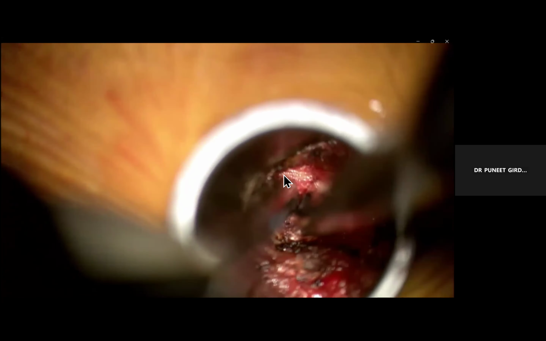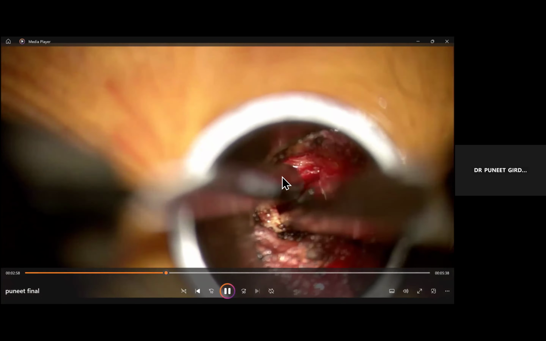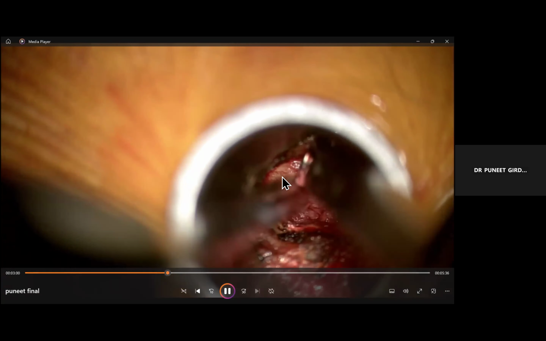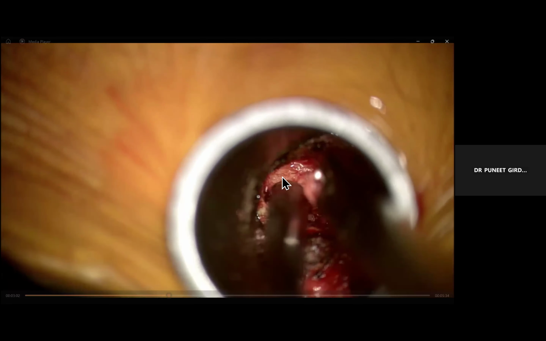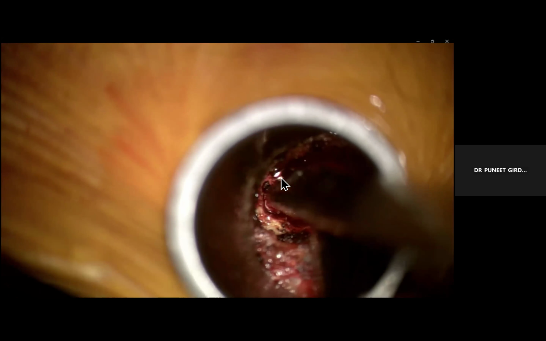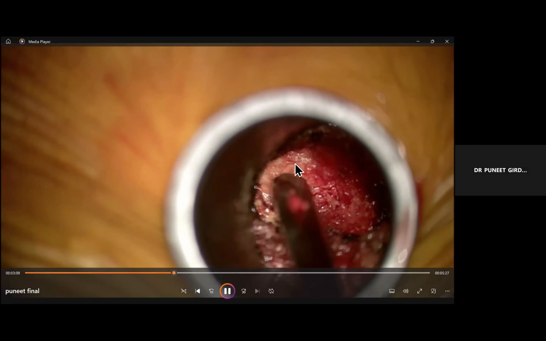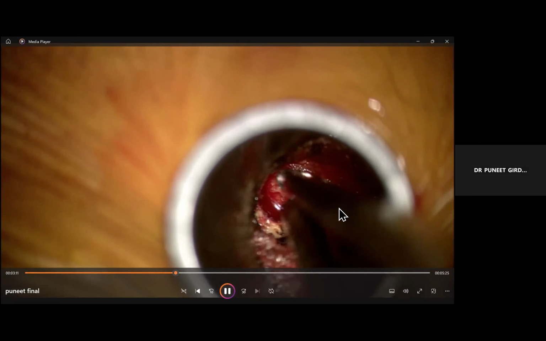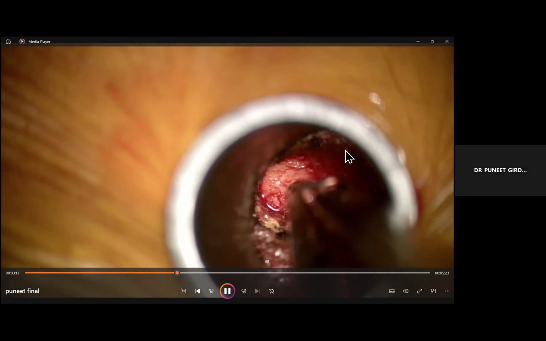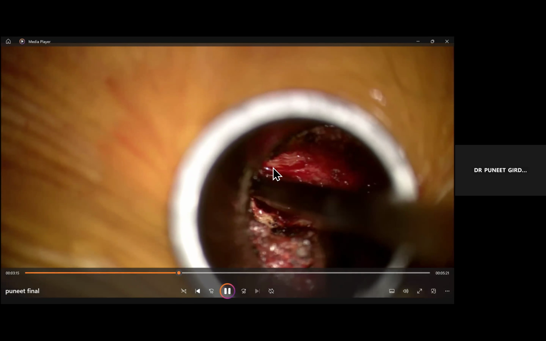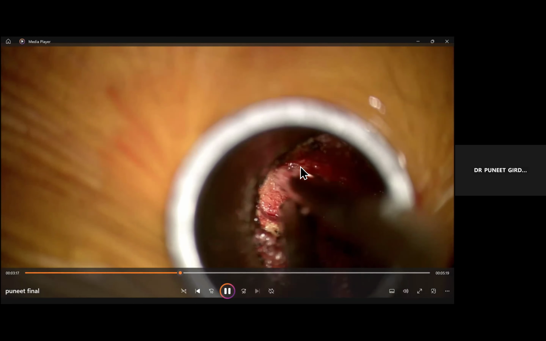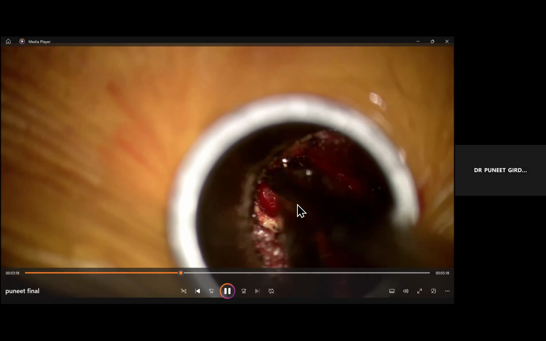Since he is a 75-year-old and the bones are not that strong, but on his DEXA he was okay, that may be part of it because of the degenerative element. The tube is already inclined a lot medially, and since we have already gone across the midline here, you will see the entire ligamentum flavum being exposed.